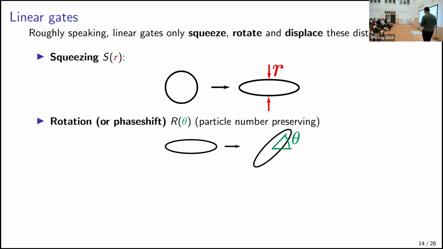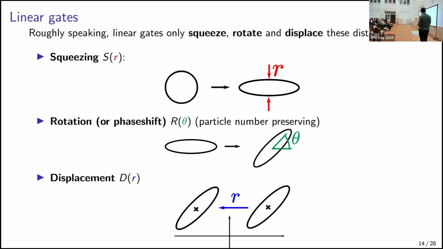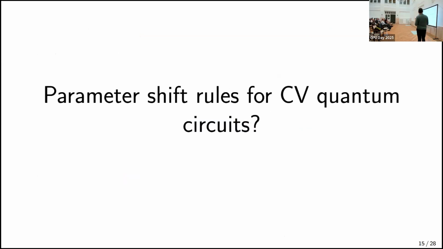It is not immediately clear why, but it preserves the number of excitations in your system. It rotates, for example, this squeezed state with some angle, which is the parameter. And you also have the displacement gate. What it does is displace your little blob with some parameter r. Here it is a negative displacement. Okay, so this is how they work.